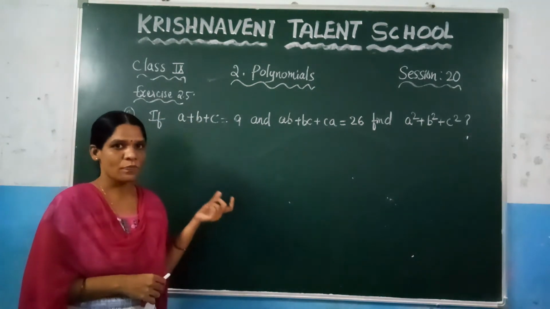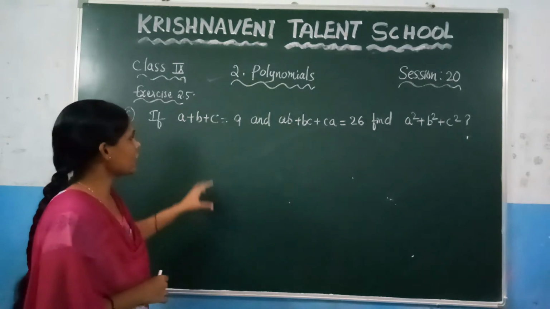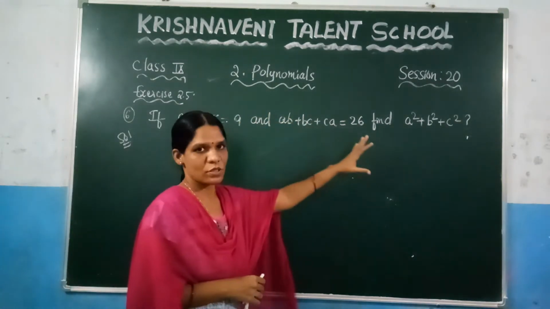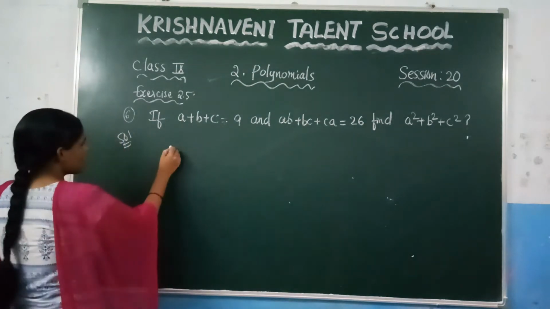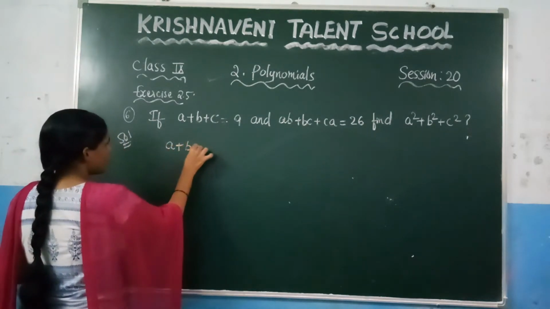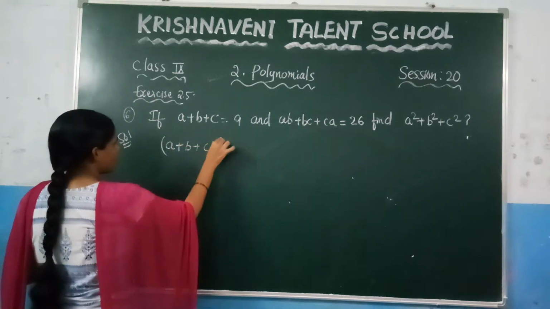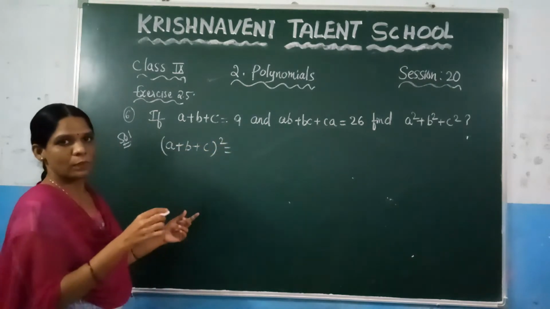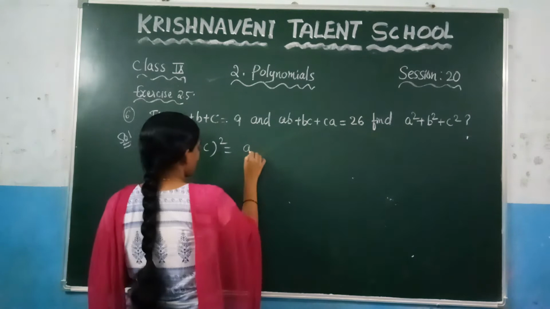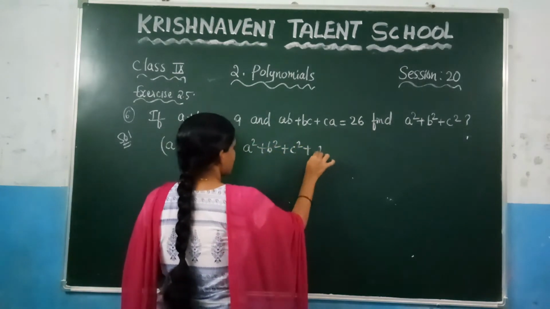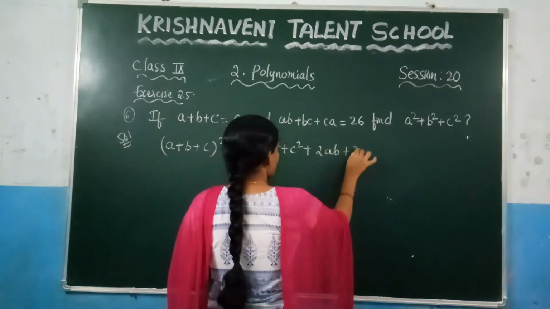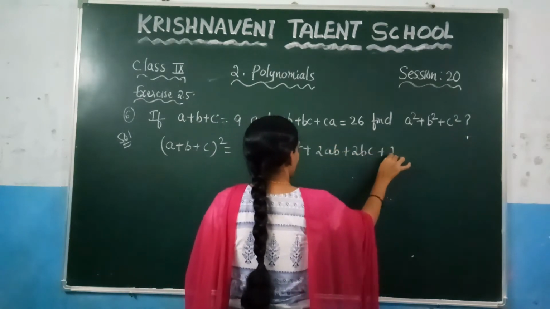Now you have to think in which identity you have all these values. So clearly you can observe that in the identity a plus b plus c whole square, what is the formula? It is nothing but a square plus b square plus c square plus 2ab plus 2bc plus 2ca.